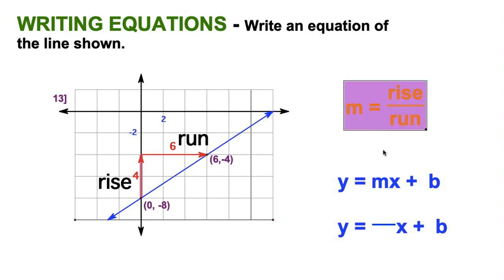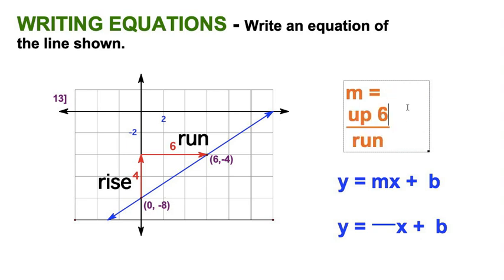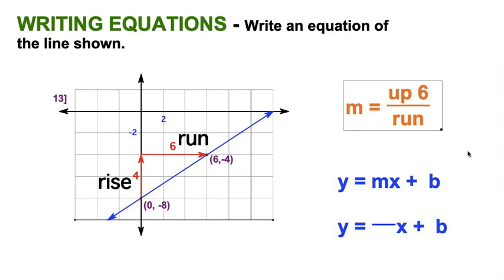That is my rise. So if I say rise over run, I'm going up 4. And when I say over, I'm always talking about over to the right. Oh, I'm sorry, up 4 over 6. My bad. Over 6. I can read that.